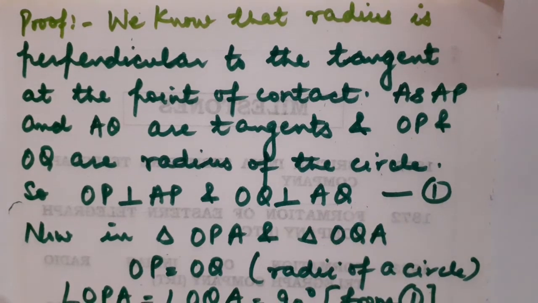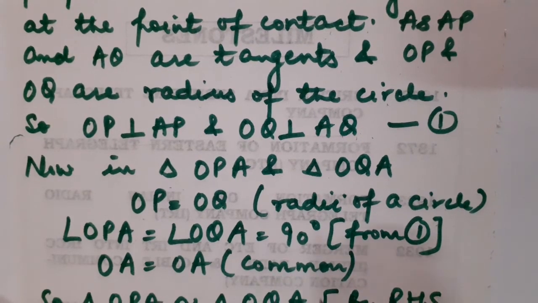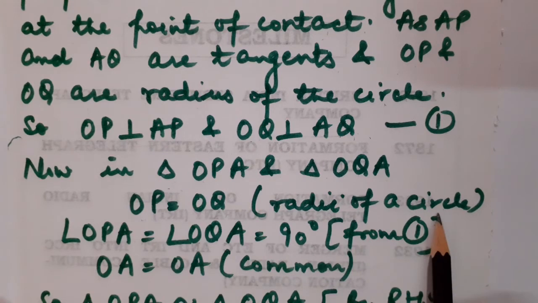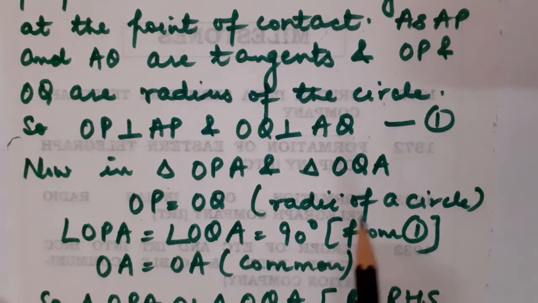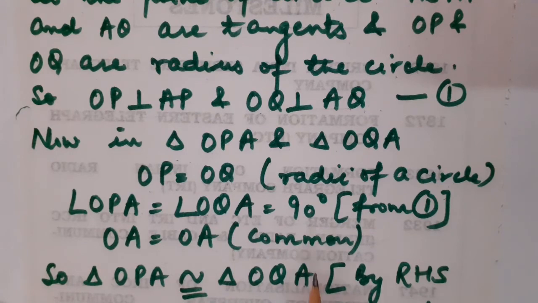Correct, children? Now in triangle OPA and triangle OQA, OP is equal to OQ, they are radii of the circle. Angle OPA is equal to OQA, both are of 90 degree. Just proved right now. And OA is equal to OA, that is common.